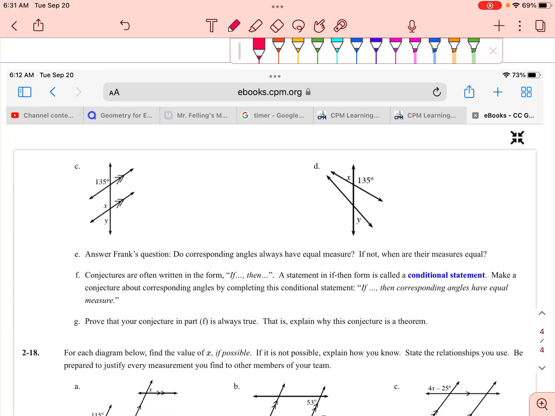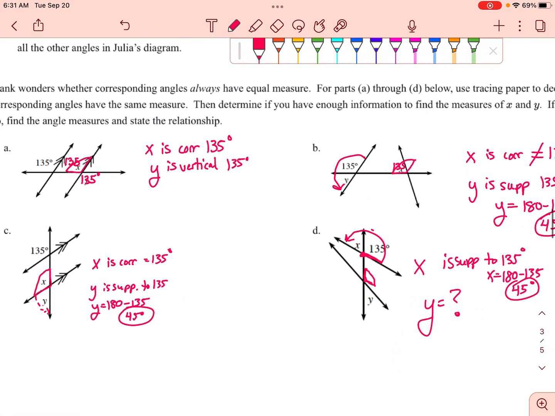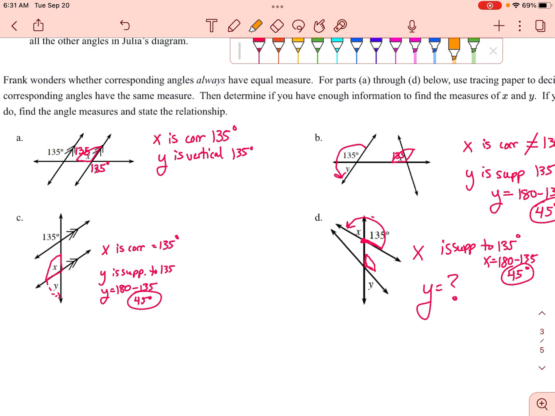So do corresponding angles always have equal measure? My answer is going to be no. If not, when are they equal? Looking at just the corresponding angles, you can see that in A, it did work. In B, it did not work. In C, it did work. And in D, it did not work.